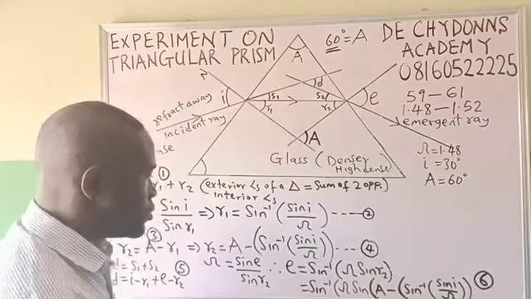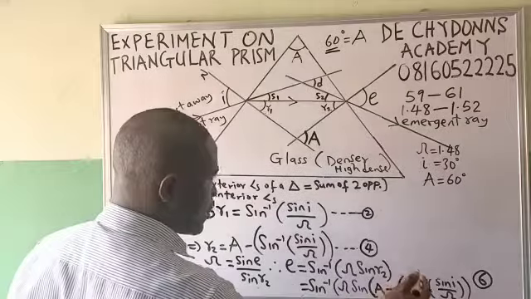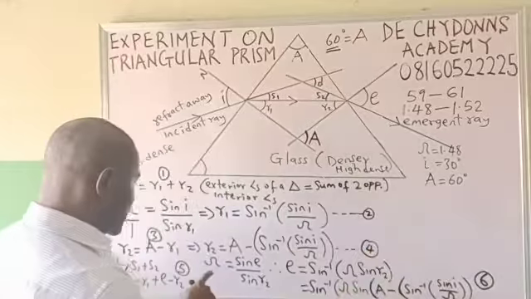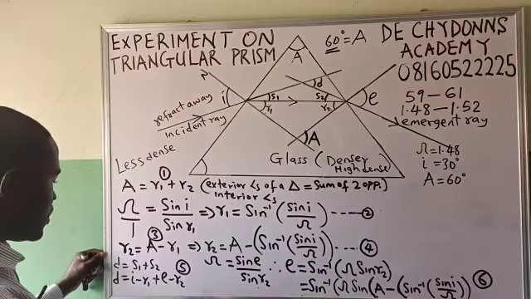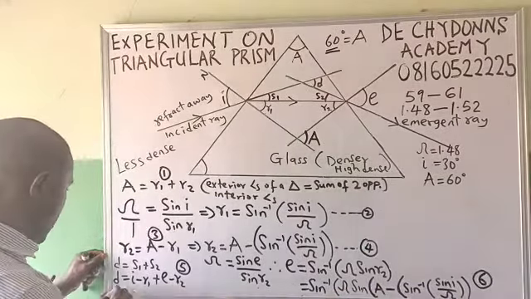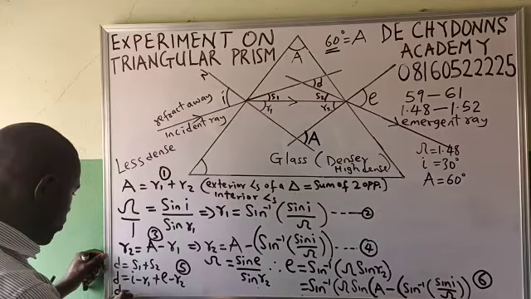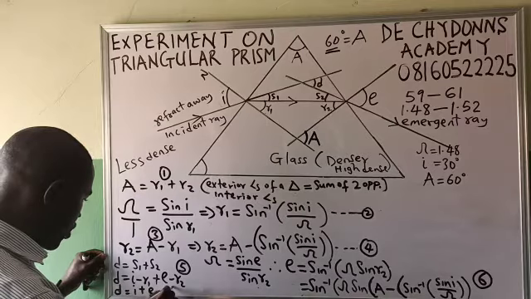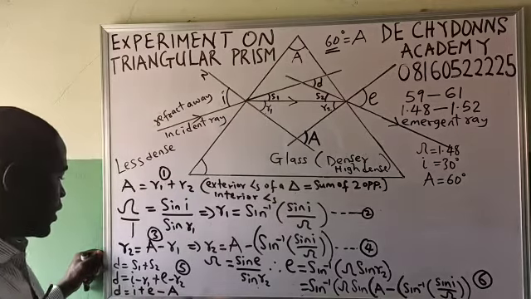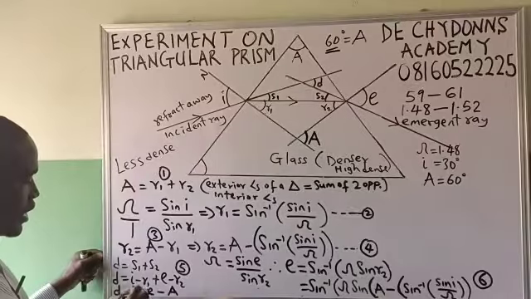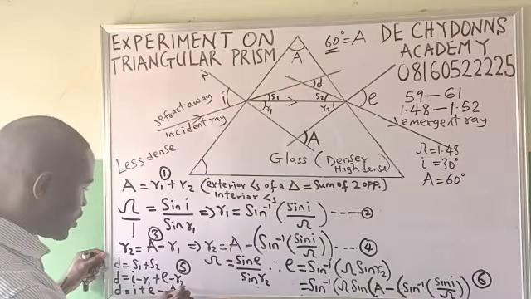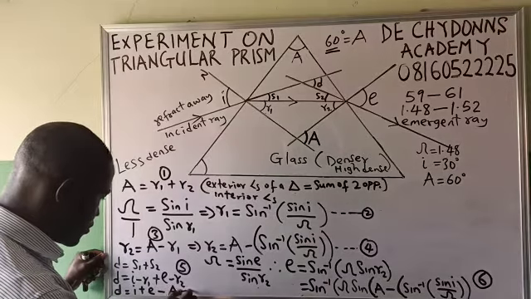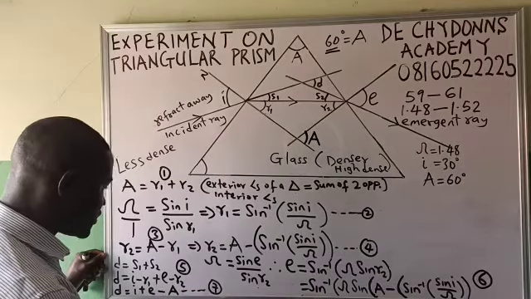Okay? So going to equation 7, since our d is equal to this, it's also important to note that d is equal to I plus E minus A. D equals I plus E minus A. This is equation 7.